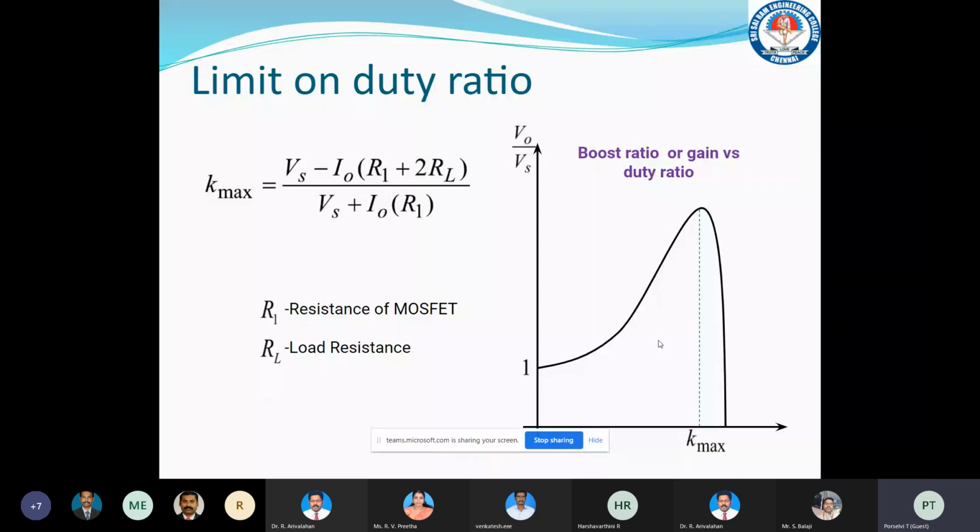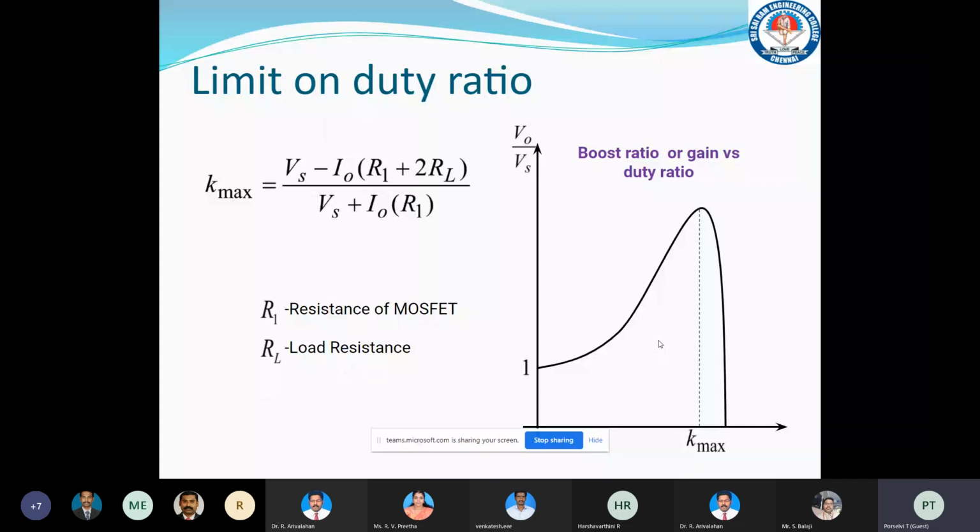K can change only up to this value, above which you cannot increase your K value. So this will limit the maximum value of the boost output voltage.